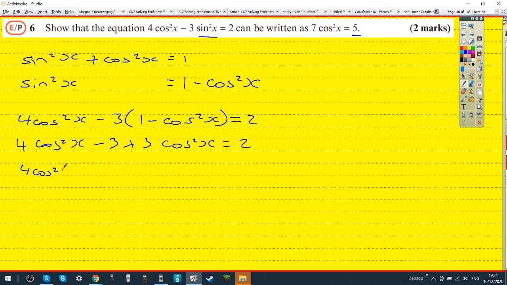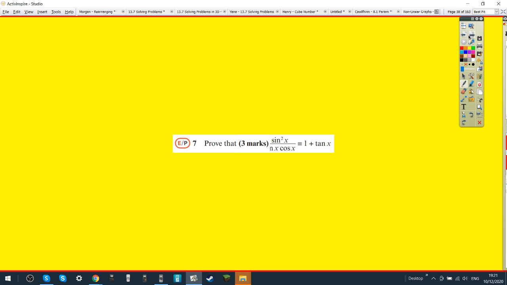Then you can add the 2 cos squared terms together, which gives you 7 cos squared x equals 5. And so that's what we were asked to find. Great. And so swapping between those two works.